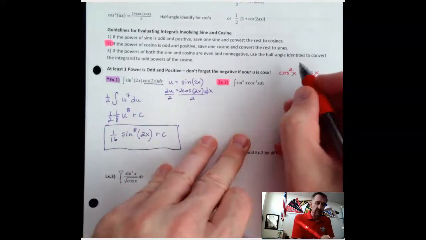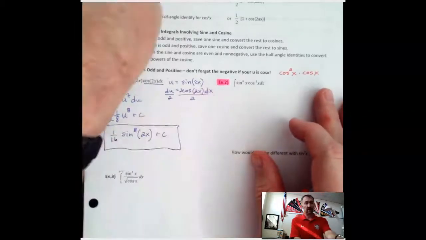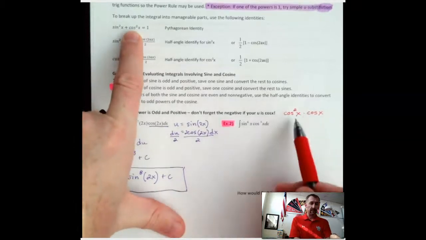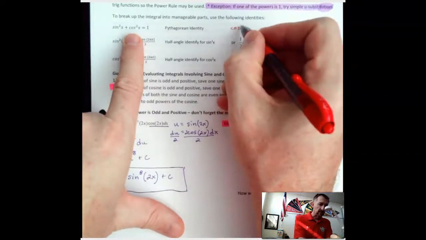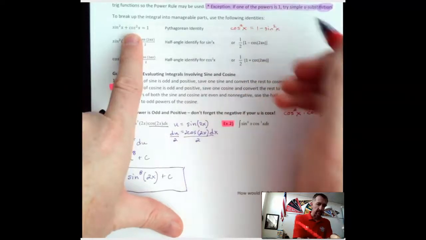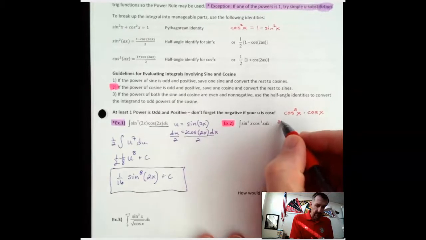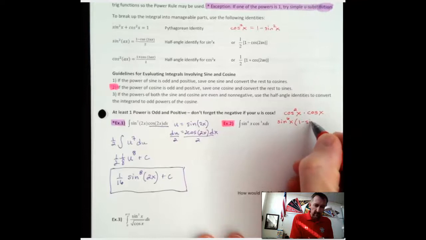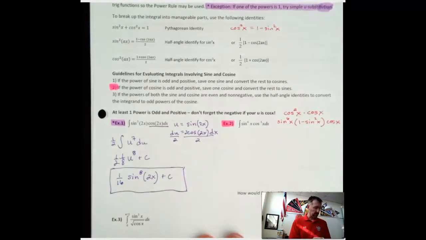So now we want to switch this to sines. So if you remember the Pythagorean identity, cosine squared is going to be 1 minus sine squared. So we're going to switch that. It's 1 minus sine squared, and then cosine right there.